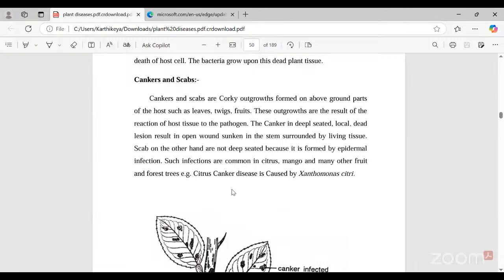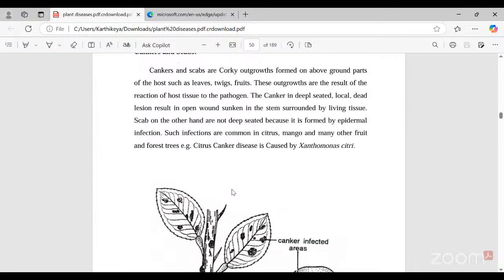Cankers are deep-seated local dead lesions that result in an open wound sunken in the stem, surrounded by living tissue. Scabs, on the other hand, are not deep-seated because they are formed by epidermal infection. Such infections are common in citrus, mango, and many other fruits and forest trees also. The best example is citrus canker disease caused by Xanthomonas citri.